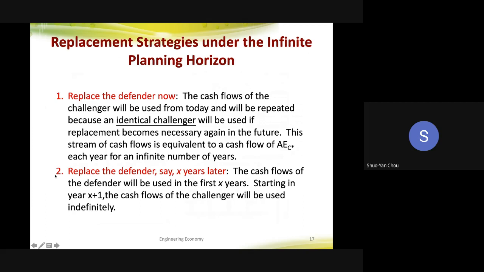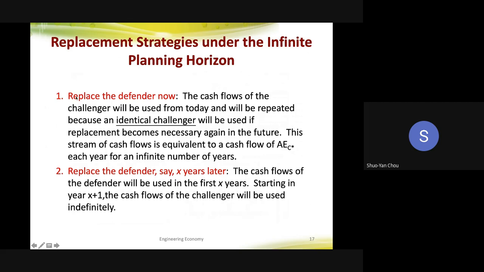So if we want to replace the old machine, the old machine will be replaced after X years, and afterwards, since we have replaced it, we will use the Challenger for the rest of the time.